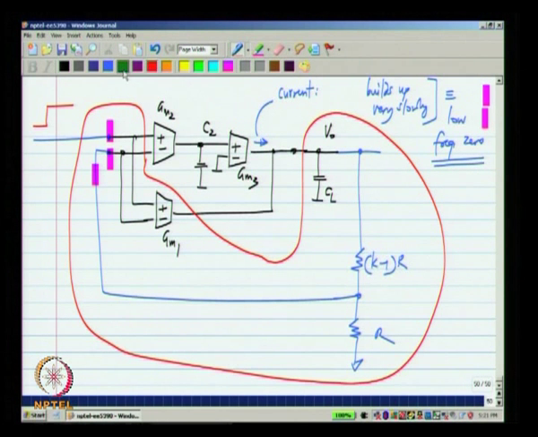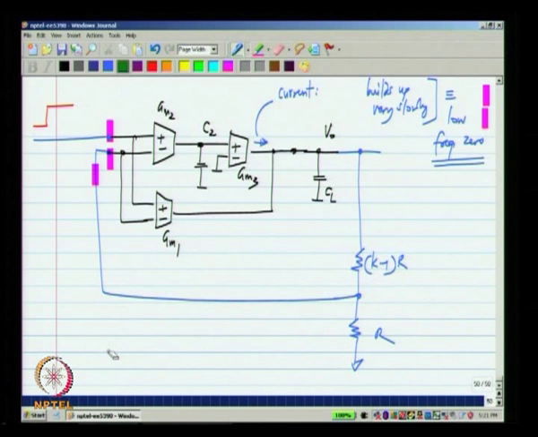So, what happens? If I apply a unit step, the output is supposed to build up to k times the unit step. So, let us say this is 1 and this is k. Now, since the current here is very small, we practically have a single stage op amp in our circuit.